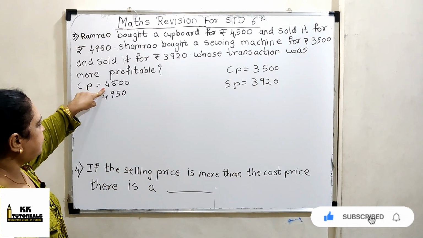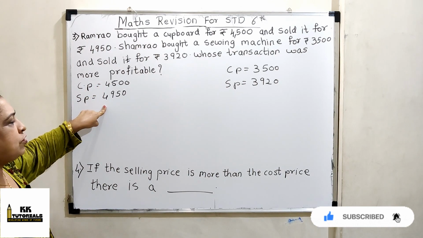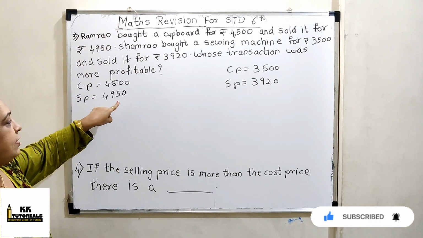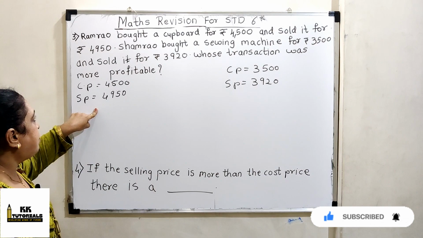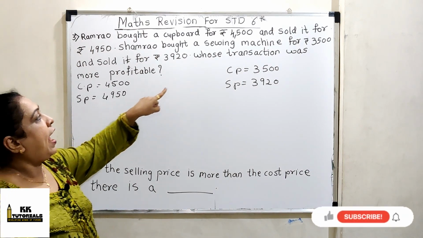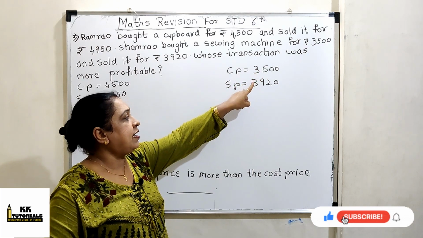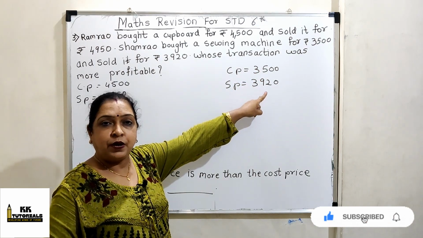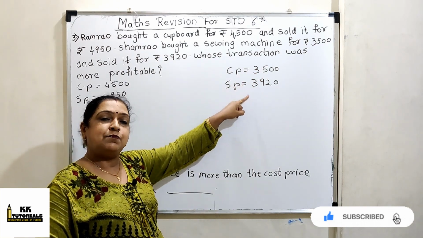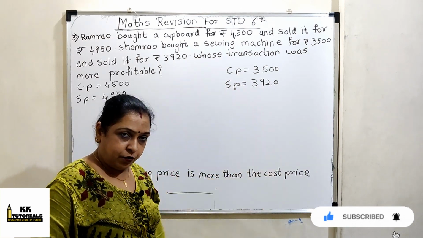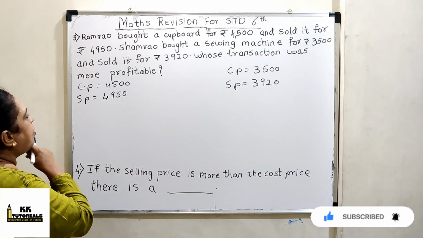Here cost price is 4,500 and he sold for 4,950. Here also Ramrao is making a profit, and here Shamrao bought for 3,500. He sold it for 3,920. So even Shamrao is making a profit. So we'll find out how much profit.